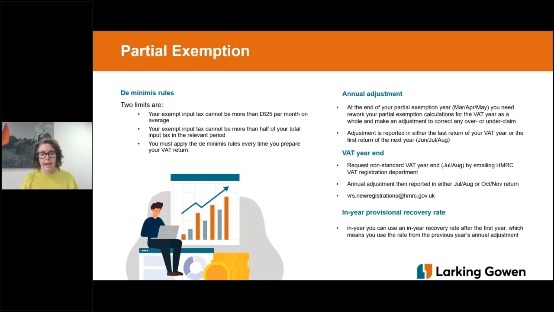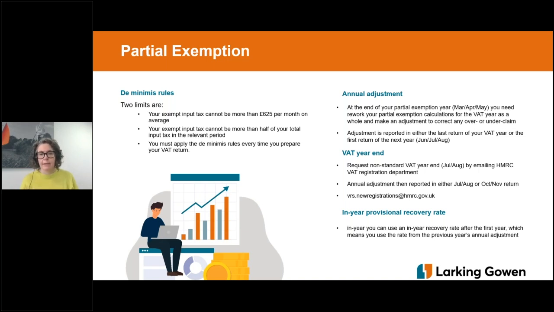So you're going to ask to tie in your VAT year to your financial year end, so July or August. By doing that, you're going to make your VAT return reporting much more straightforward, but it will also mean that your annual adjustment gets performed to either July or August, depending on which stagger you're on. And then you're going to report any adjustment arising from that in either your July or August return or your October, November return.